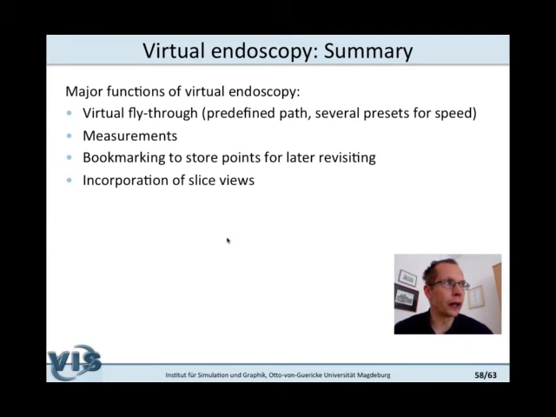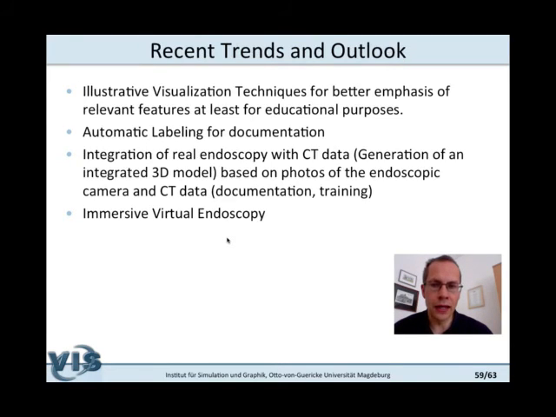Another important function is that you can store viewpoints, you bookmark them. You can later revisit them and can use these bookmarks, for example, to carry out some screenshots. And slice views need to be incorporated as well. That means a synchronized visualization of endoscopic views, these internal views, with slice views is important.